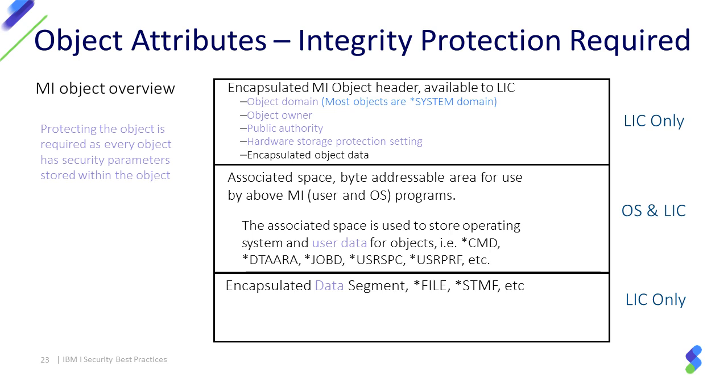The middle area is used by the operating system to store lots of information about the object. A good example would be a job description, where you'd see all of the parameter values that you'd see if you prompted for the create job description command. This is where the OS stores that information, in this part of the object we call the associated space.